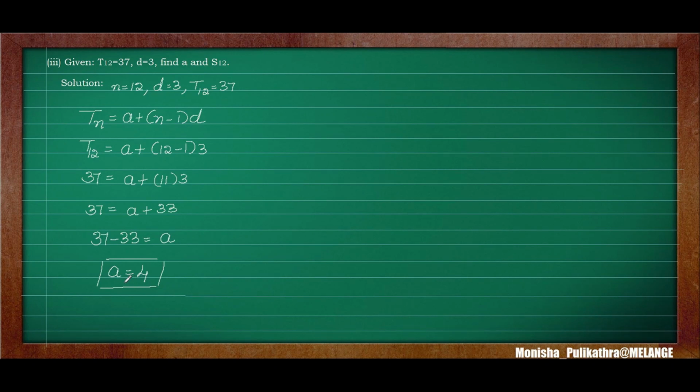So next what we have to do, we need to calculate S12. So that we need to apply Sn formula. Sn is equal to n by 2 into 2a plus n minus 1 into d. Here n is 12. So write it as S12 is equal to 12 by 2, 2 into a we have already found out, that is 4, plus n is 12 minus 1 into d is 3.